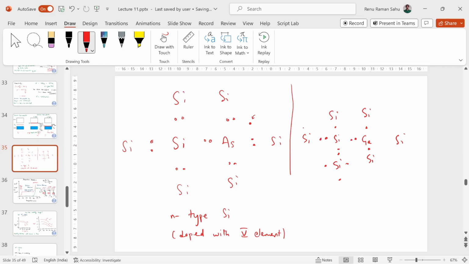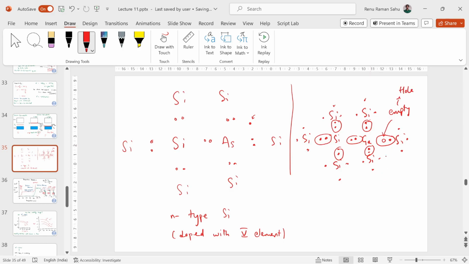Each of these bonds will have 2 electrons. But here one of the electrons is empty. That is a hole.